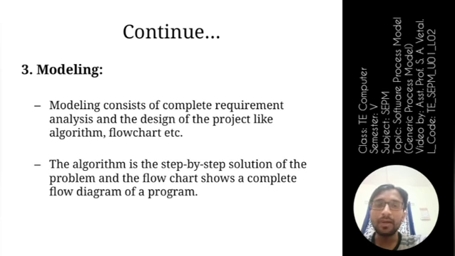We get the requirements from the customer through the communication, right? Those requirements will be analyzed in the modeling phase, and after analyzing those requirements, the second task we perform is the design of the project.